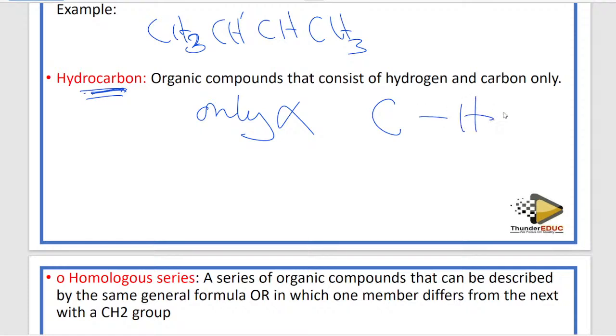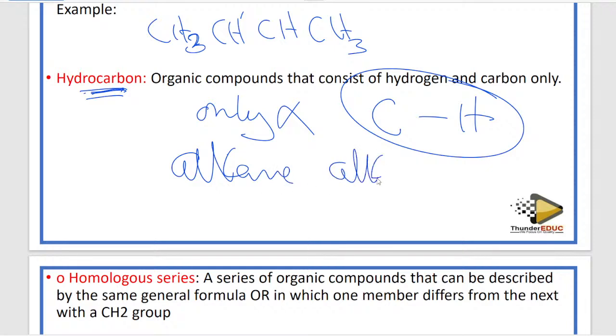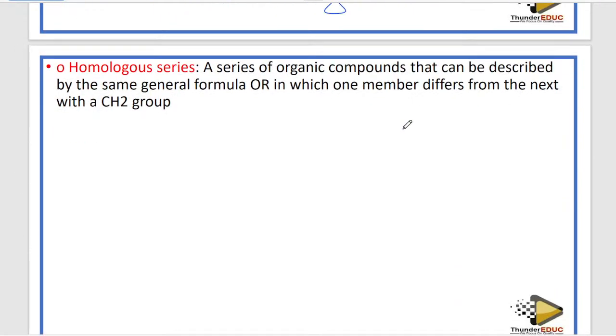So examples here are alkanes, alkenes, and alkynes. Those are the core of the hydrocarbons.